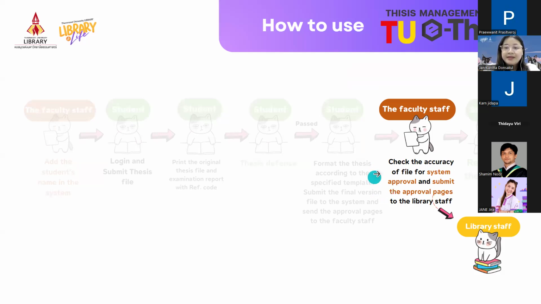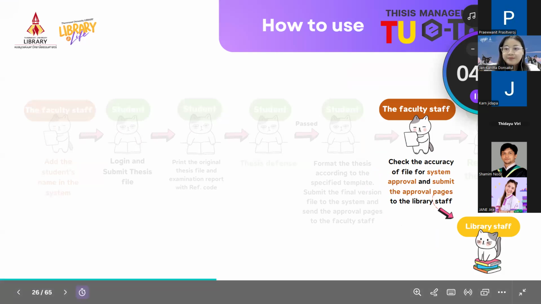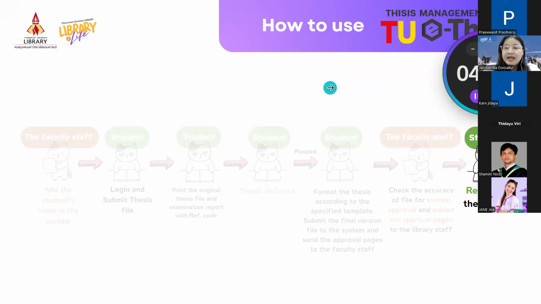In the meantime, the faculty staff will collect your advisor's and exam committee's signatures for the approval pages and send them to the library staff. And in the meantime, you have to register your thesis research into the TUETC system. For this process, Pikan will explain how to register your thesis into the system.